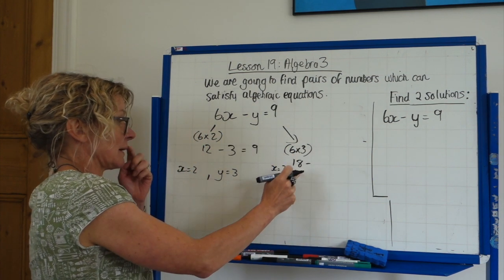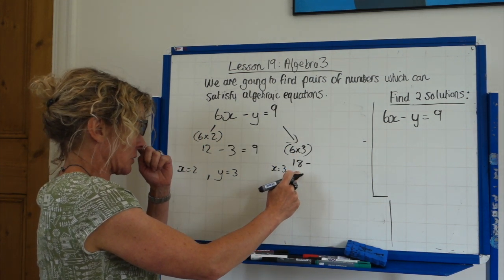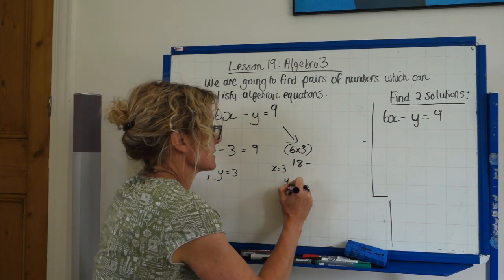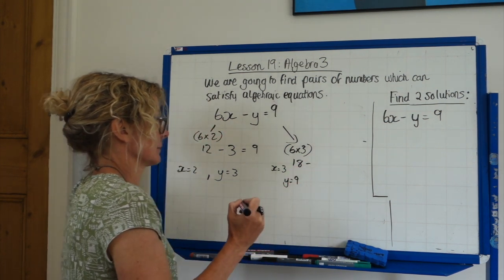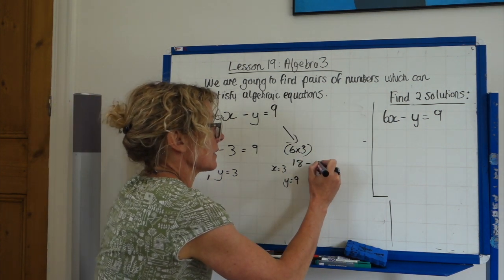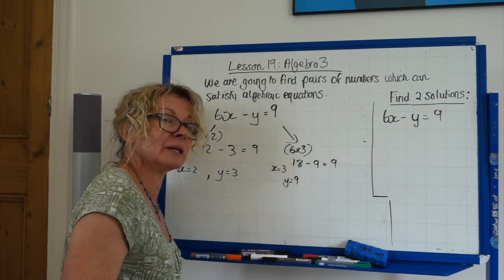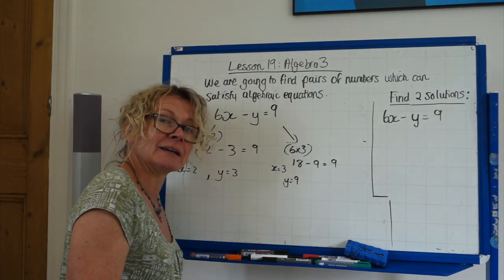What's y going to be? 18 minus what gets back to 9? Y is going to be 9, isn't it? Okay, so 18 minus 9 equals 9. So x equals 3 and y equals 9.